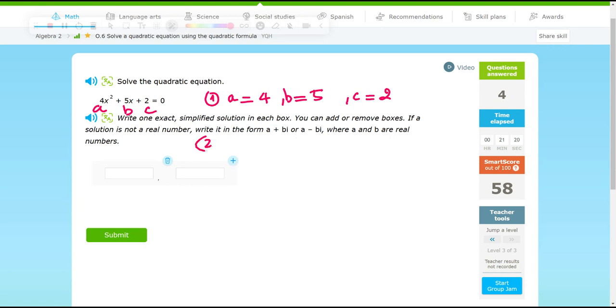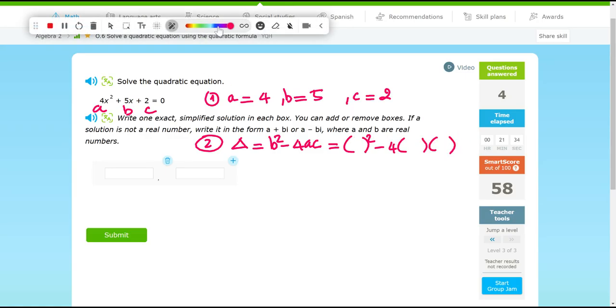Now step number 2, we need to find the discriminant delta equal B squared subtract 4AC. Okay, so I substitute B squared subtract 4A and C. So let's do the substitution. B, that's the number 5, right there. Subtract 4A. A is the number 4, and then C number 2. Okay?